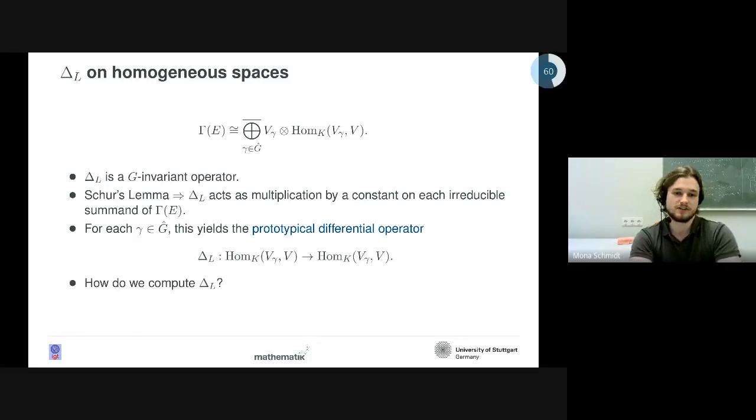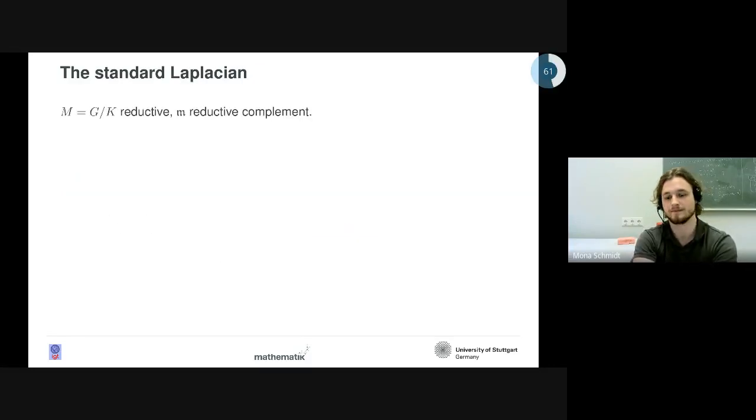Okay, now the question is still, how do we actually compute the Lichnerowicz Laplacian? Okay, so to do that, let me take you on a little excursus. Let's just say we are on a reductive homogeneous space. So in particular, if G is compact, then this is reductive.